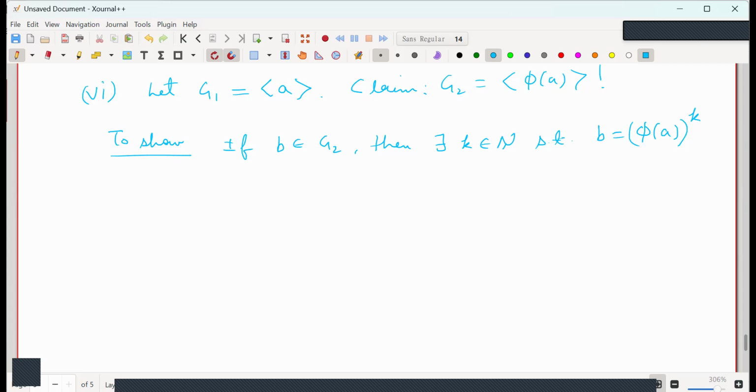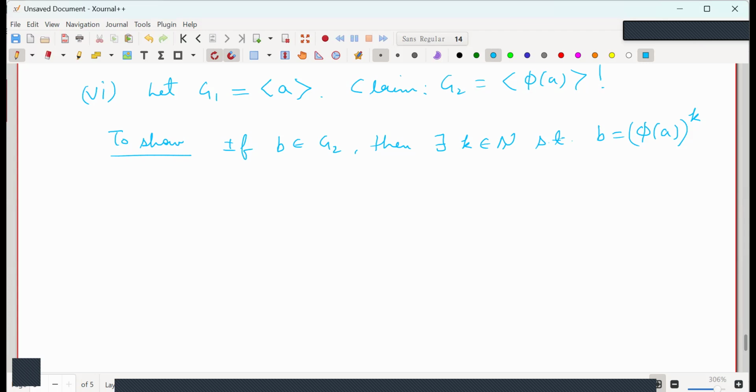So one hint is in all your explanations, you are not using phi to be surjective. It should come into picture, right? Yes, sir. So suppose that B naught belongs to G1 such that phi of B naught equals B, right?